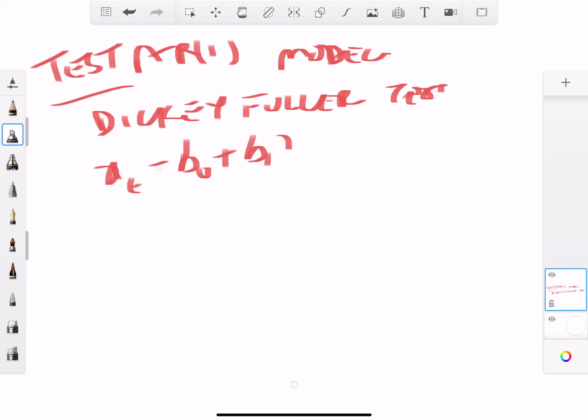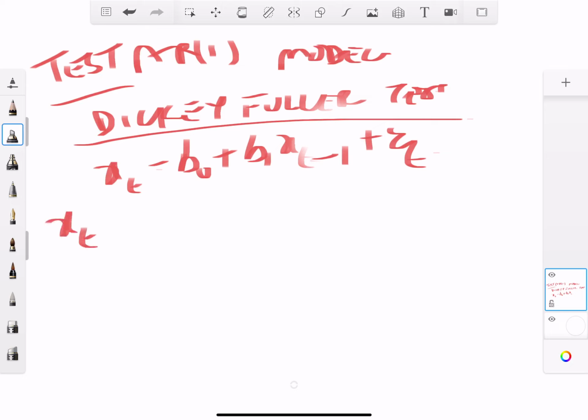So what it really is, let's take a look at the common equation. It's the x(t) equals B0 plus B1 times x(t) minus 1 plus the error term, right? So what is the Dickey Fuller test? What we do is we introduce the first differences.